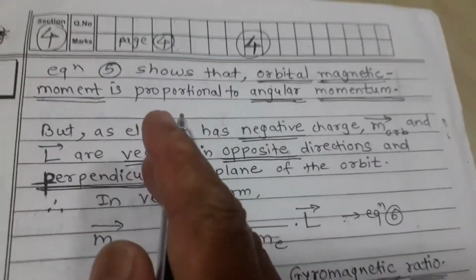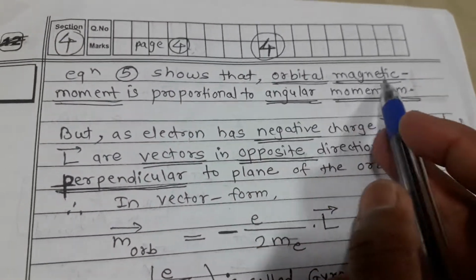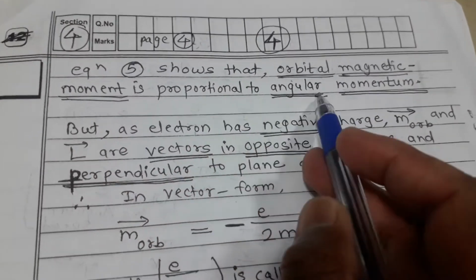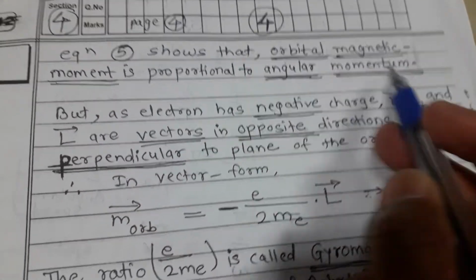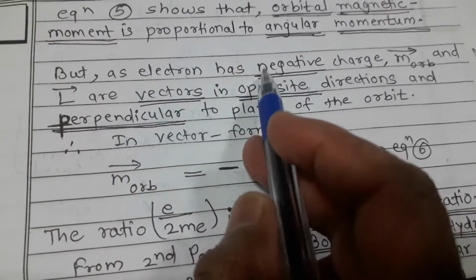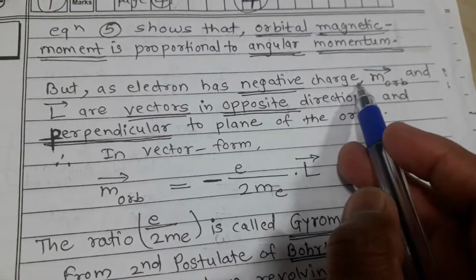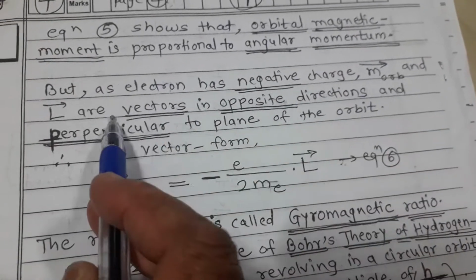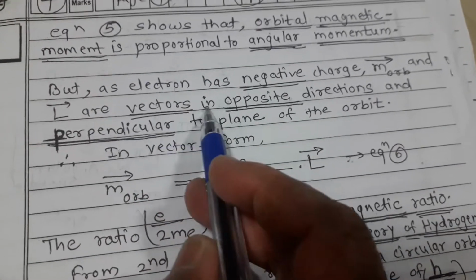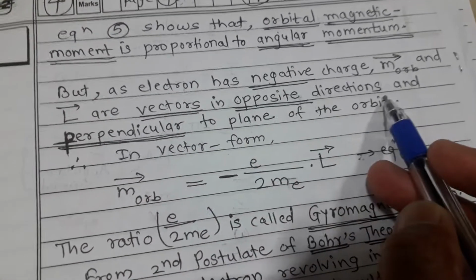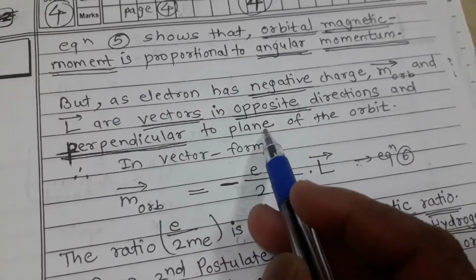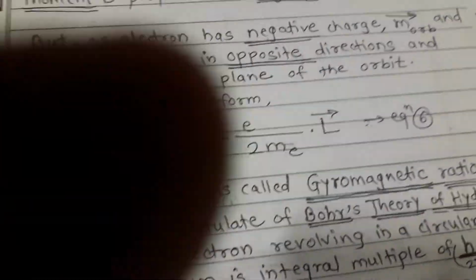Now equation 5 shows that orbital magnetic moment is proportional to angular momentum. But as electron has negative charge, m bar of orbital and L bar are vectors in opposite directions and perpendicular to plane of the orbit.